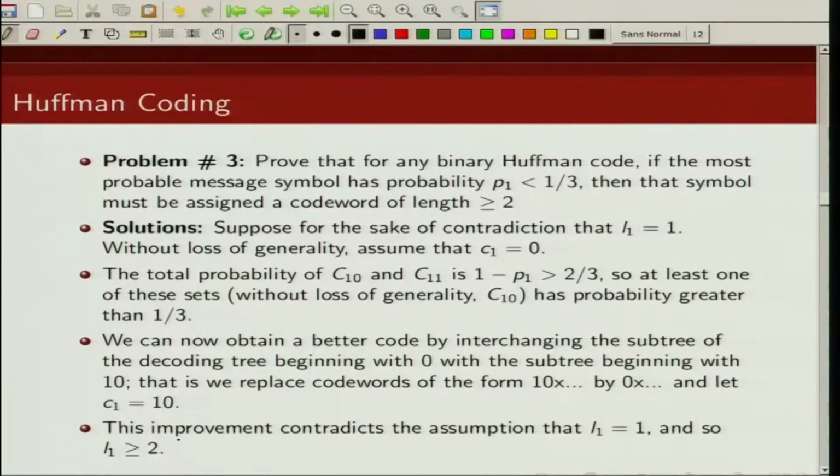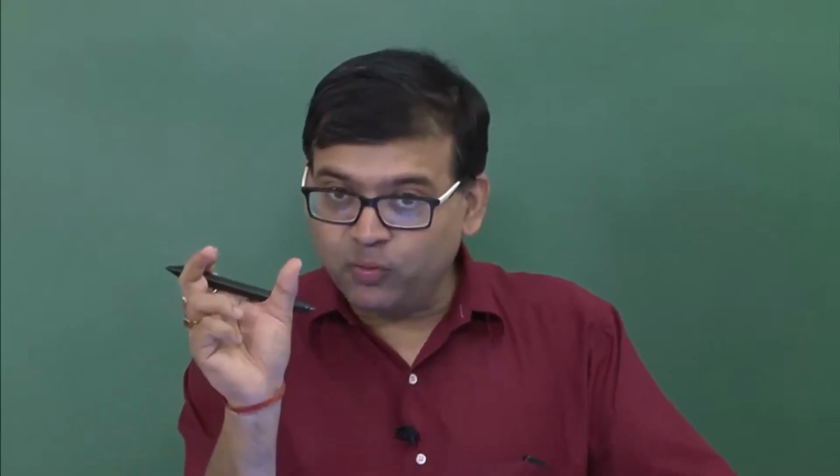As I said, this improvement contradicts the assumption that the most probable message symbol has code word length 1, and hence we have shown that this most probable message symbol, which has probability less than 1 by 3, must have a code word of length at least 2. It cannot have code word length of 1.